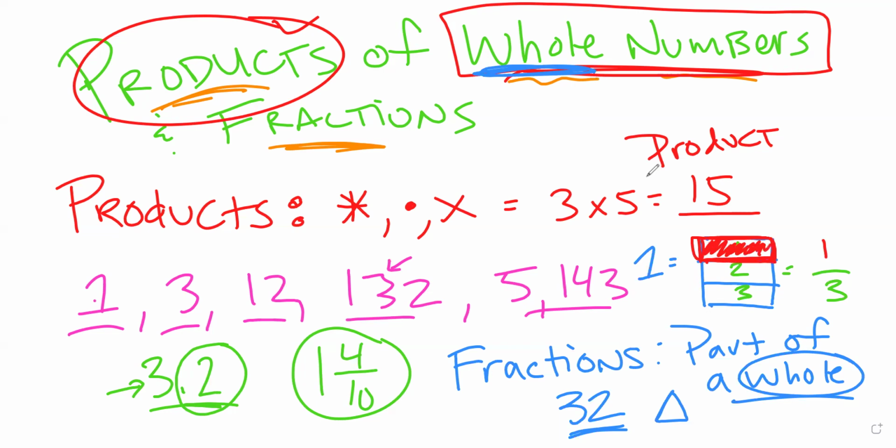Or maybe this is one whole movie theater, but people are only sitting in these rows, so only 1/3 of the movie theater is filled. And that's that fraction, right? It's a part of something. That's what we're going to be talking about today.